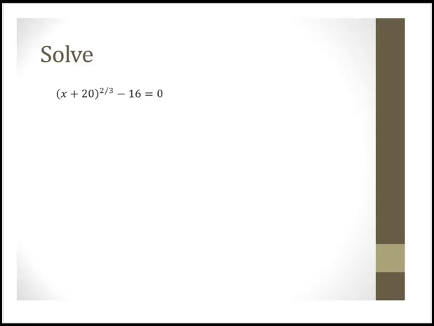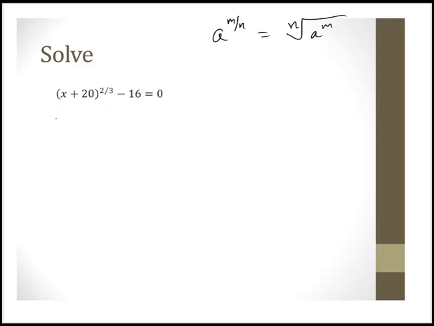Solve the equation x plus 20 to the 2/3 power minus 16 is equal to 0. I'd say, well, this isn't a radical equation. I don't see any radicals. But remember, maybe from an intermediate algebra course, that in general, if you have a to the m over n power, that can be written as the nth root of a to the m.